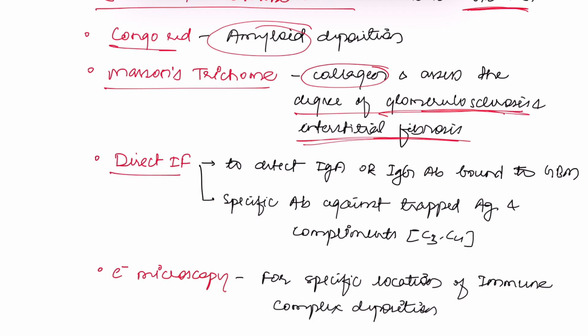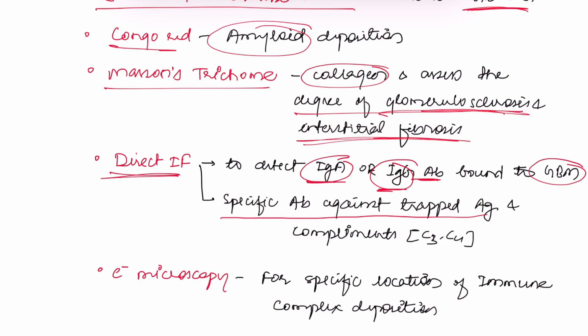And direct immunofluorescence. Whenever immunofluorescence is discussed, it's about detecting antibodies, immune complexes, and all that. So it detects IgA, IgG antibodies around the glomerular basement membrane, and specific antibodies against trapped antigens and complements.